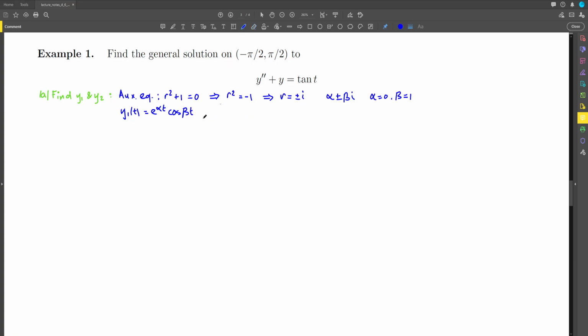So I give the other one another name. So y2 of t equals e to the power alpha t sine of beta t.